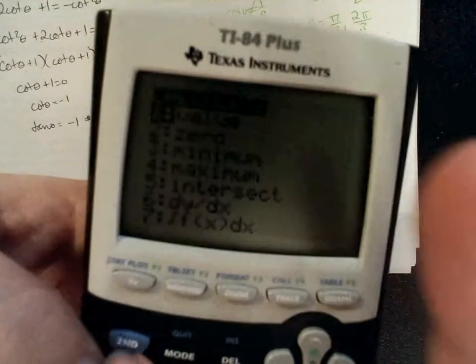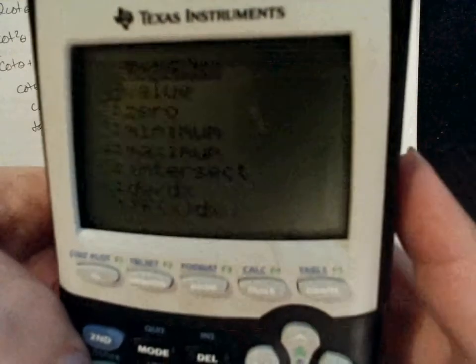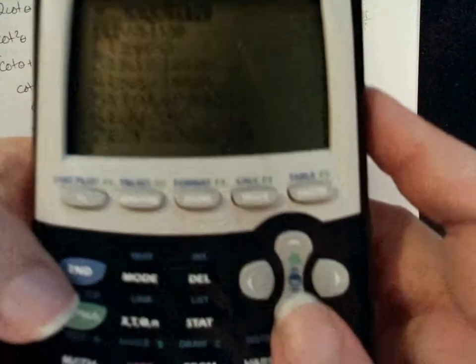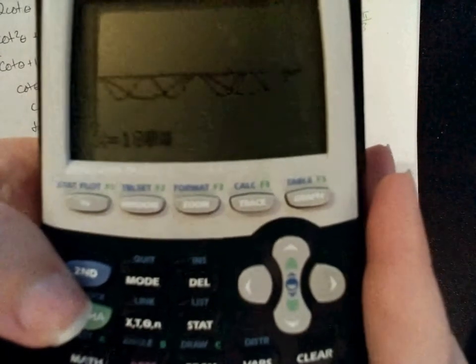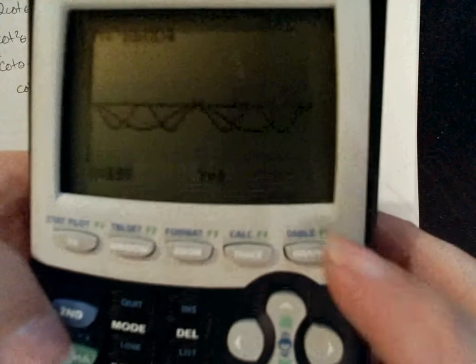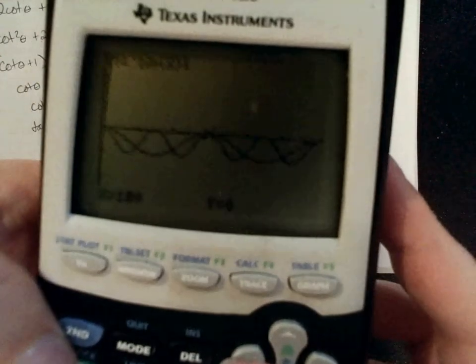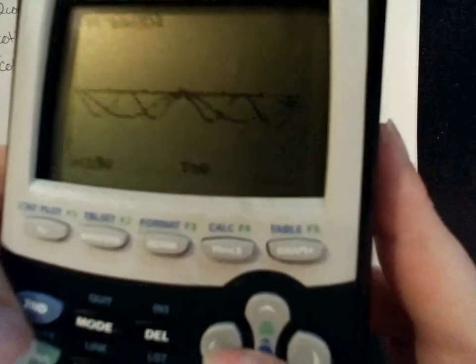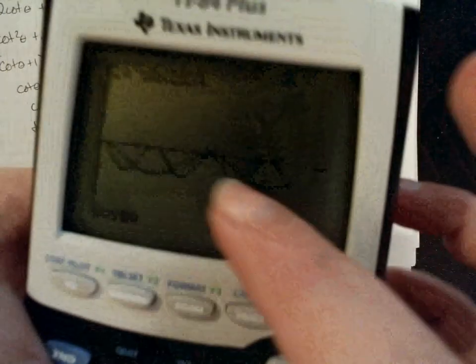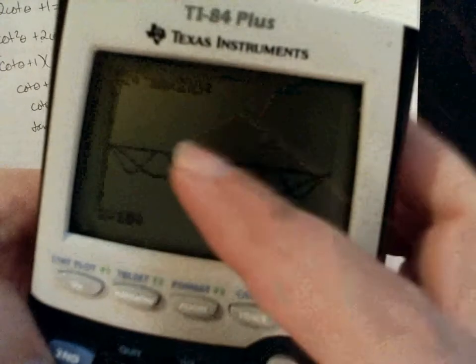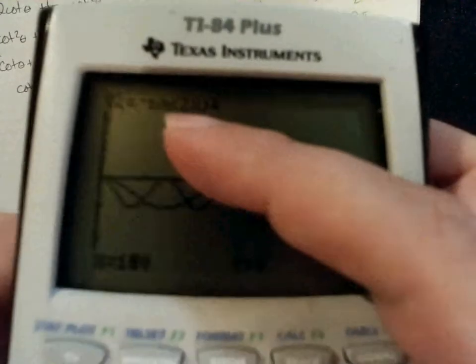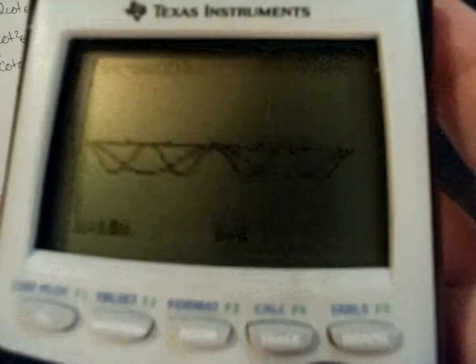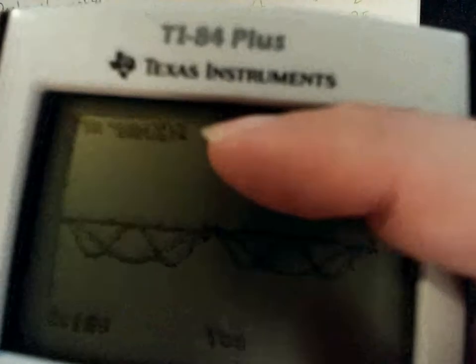If I go to second calculate, and I do value, right? So if I'm calculating the value and I type in 180 degrees for x, it's going to tell me that y1 is 0. And if I go down, so I press the down arrow and now I'm on y2, it's also 0.